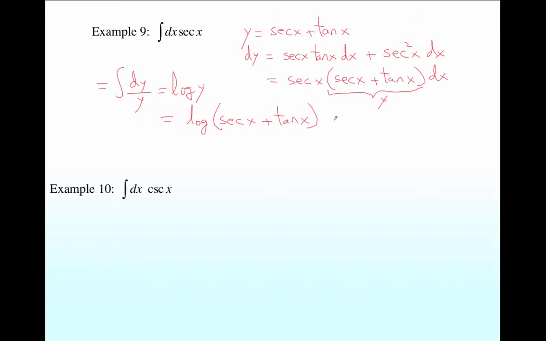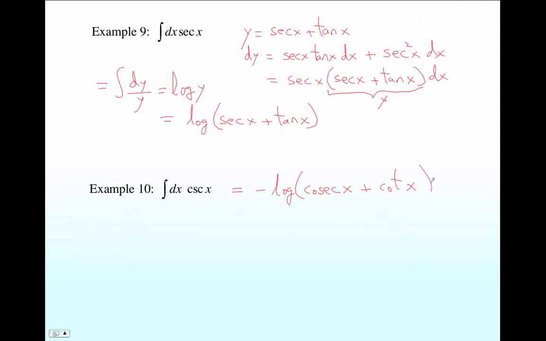And if we look at the next example, the integral of 1 over sine x, or cosecant of x, we can easily guess what substitution needs to be made, and in fact I will not do this. I will simply write down the answer, which is log of cosecant of x plus cot of x, and you can guess exactly what it is that we would have to substitute for y over here.